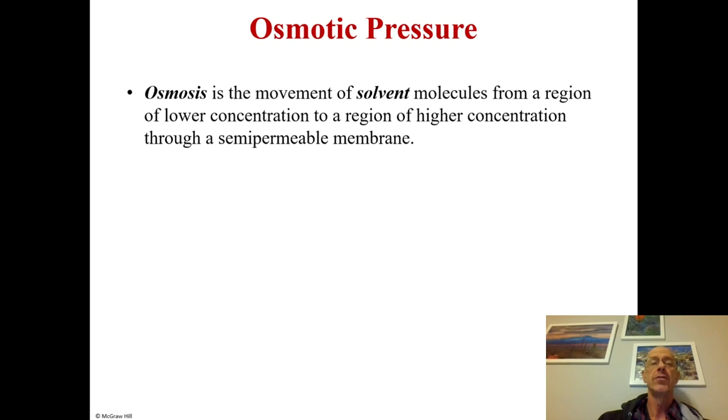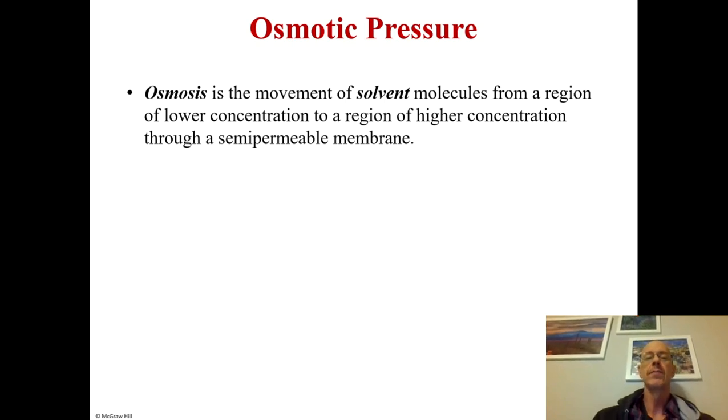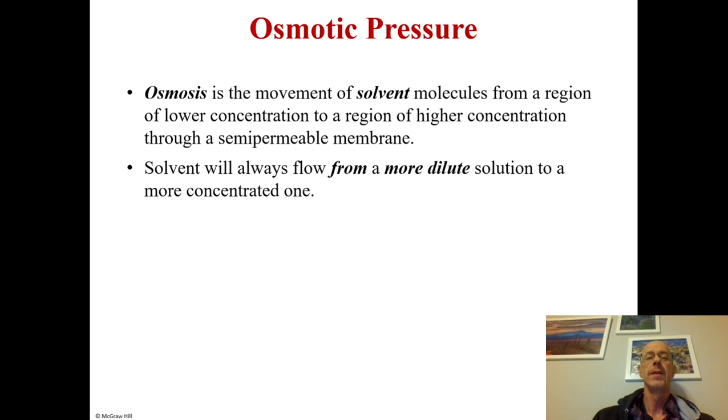And you will see that the solvent will move from the pure region to the region that is impure, where the solute is present. So the solvent always flows from the more dilute solution to the more concentrated one.